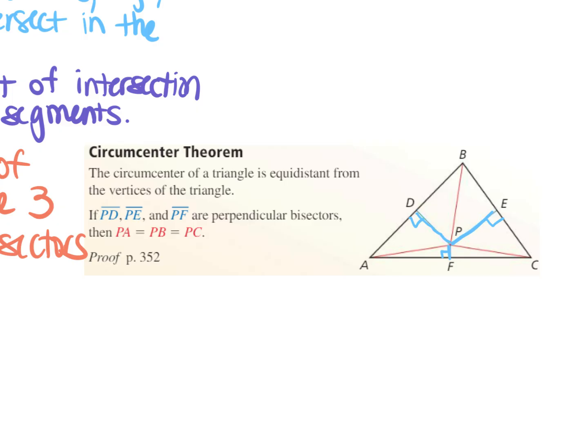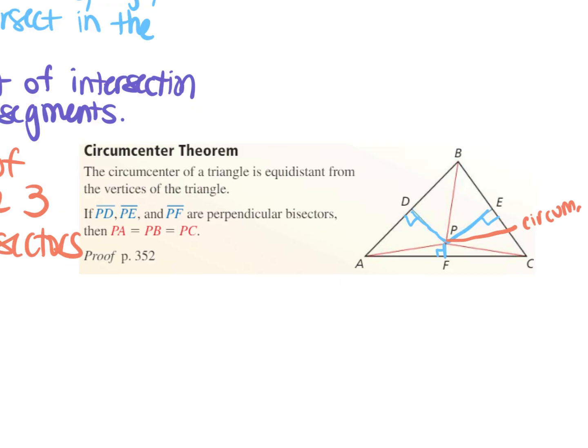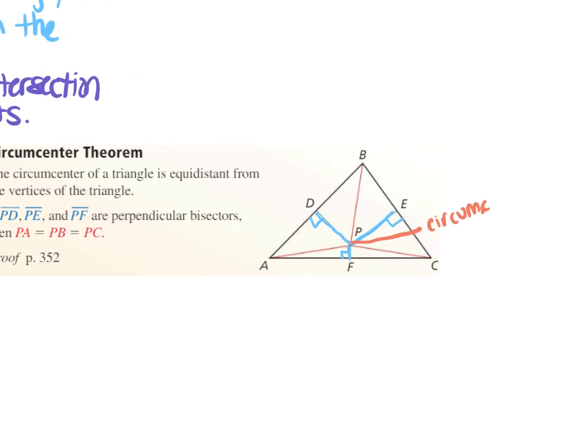There we go. All right, so when you have your circumcenter, the point where they intersect, the theorem tells us the distance from the circumcenter to each of the vertices of the triangle is going to be equal.